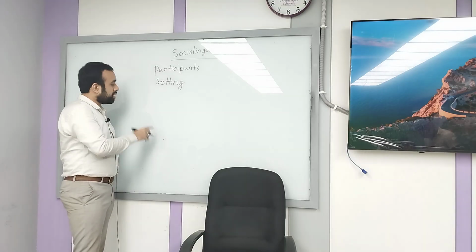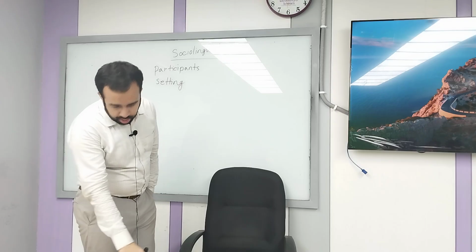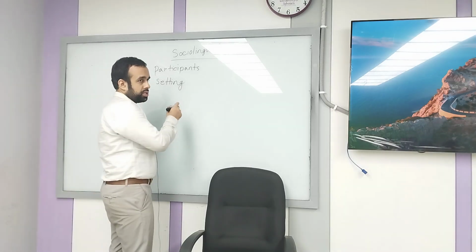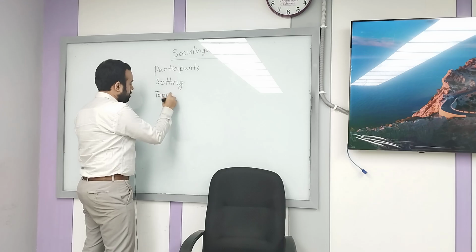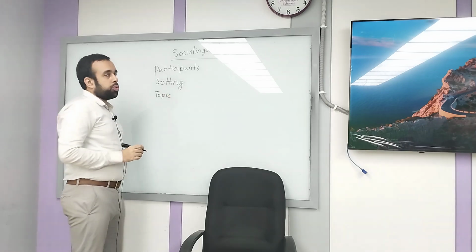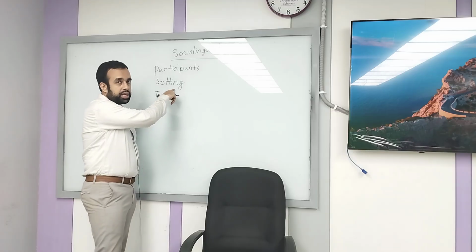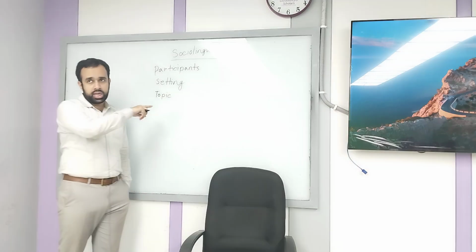Okay. Setting means what we say place. Okay, after that, topic. So what is the topic of the conversation? So that is determined by topic. And what means setting, and why is the conversation taking place?